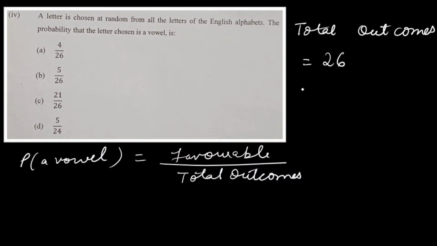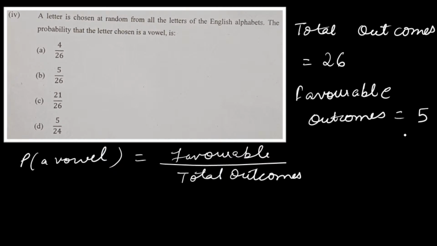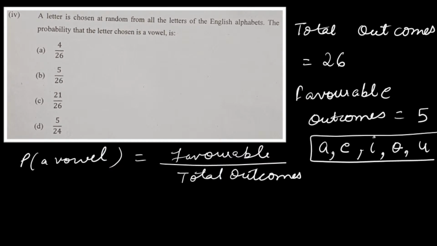So how many vowels do we have? That is the favorable outcomes. Out of 26, 5 vowels are there, and the vowels are A, E, I, O, U. You have to remember this, so that if you get a similar type of question, you will be able to attempt it.